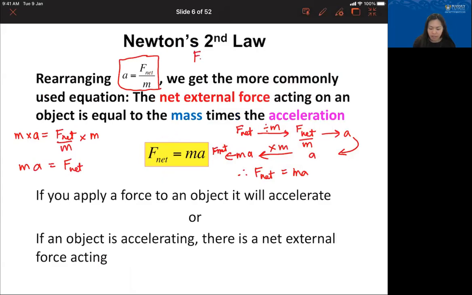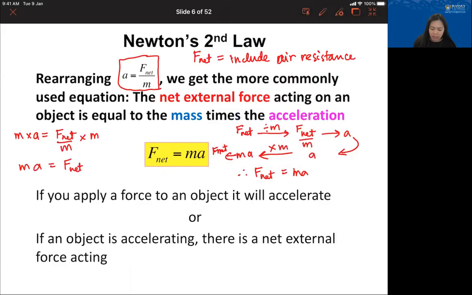So F net is the combination of all the forces acting on the object. So when you calculate the F net, that's where you include air resistance. Right? Does that answer your question, Liza? Does it make sense? Yep. Okay, good.